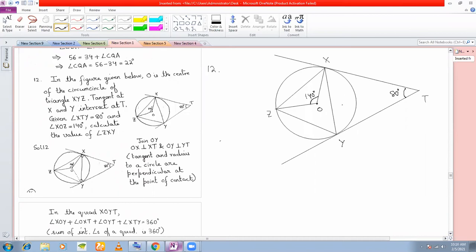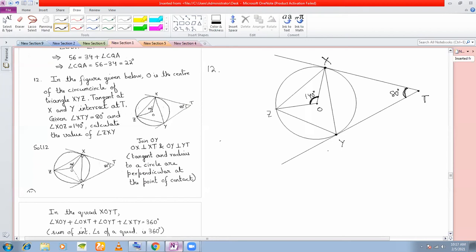Tangents at X and Y intersect at T. So you have a tangent at X, point of contact here, and a tangent at Y, point of contact here, and they intersect at the point T. Given angle XTY is equal to 80 degrees, and angle XOZ is given as 140 degrees.